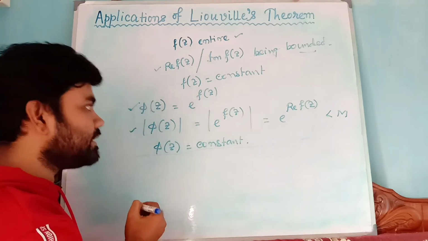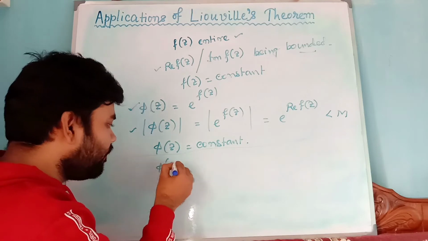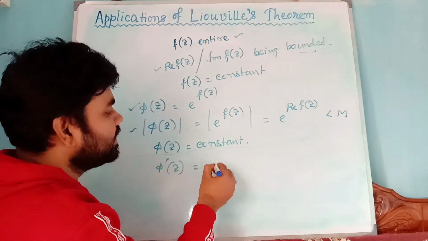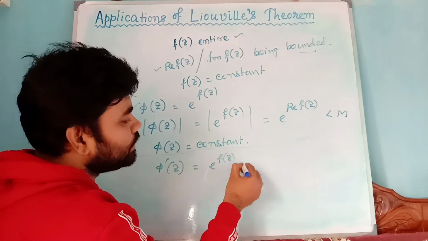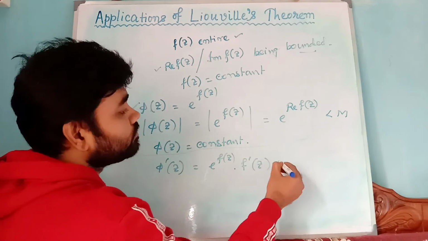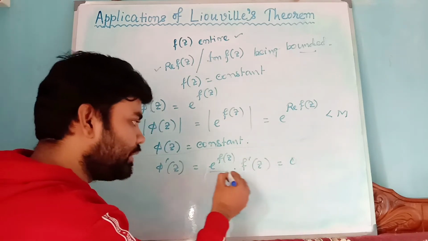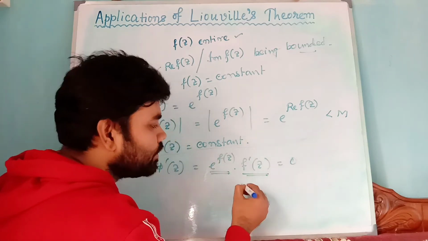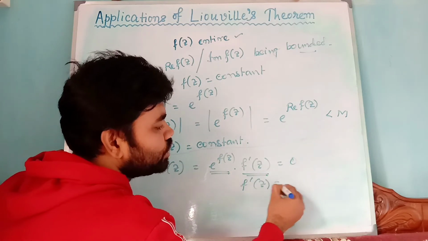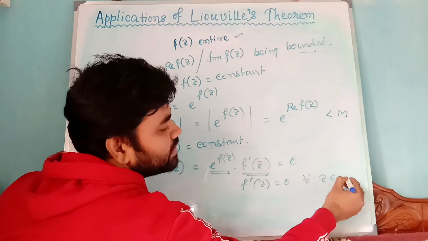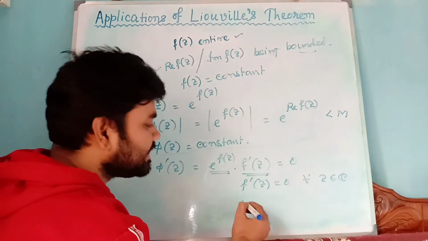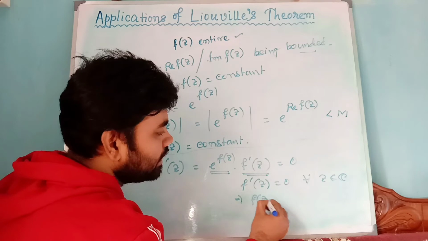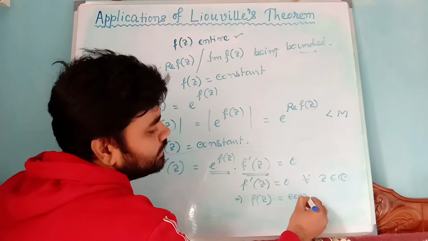Now if phi(z) is constant, phi dash z, which means e to the power f(z) into f dash z, equals 0. Now e to the power f(z) can never be equal to 0, so f dash z is equal to 0. So f dash z equals 0 for all z belonging to C, because this happens all over C. So f(z) becomes constant.